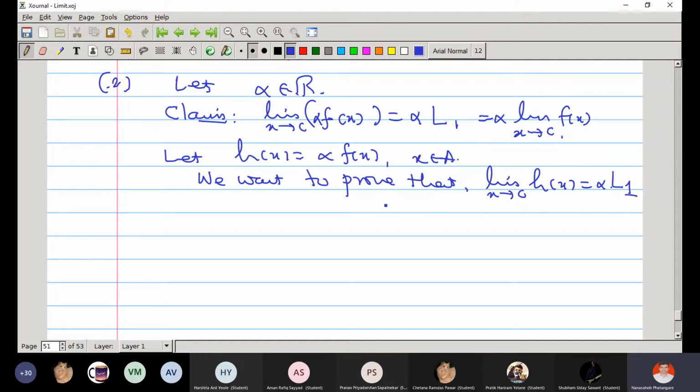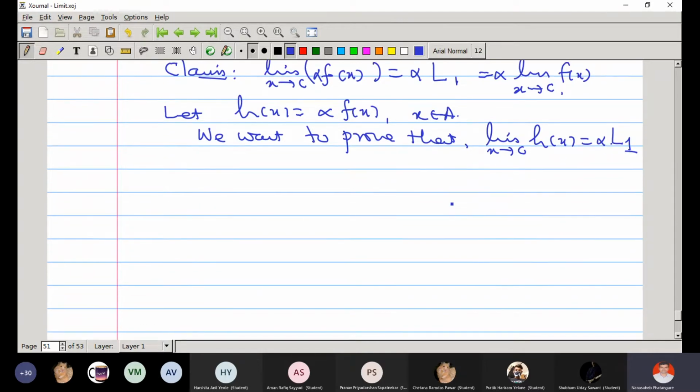But when we want to prove that the limit as x tends to c of h(x) is some number alpha times L1, by the sequential criteria it is equivalent to proving that for all sequences xn with limit of xn as n tends to infinity equal to c, the limit of h(xn) is equal to alpha times L1. Right.